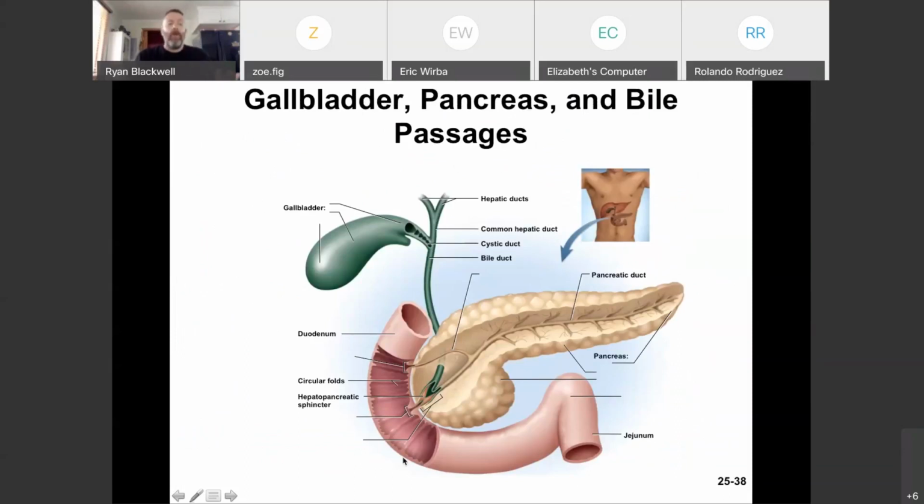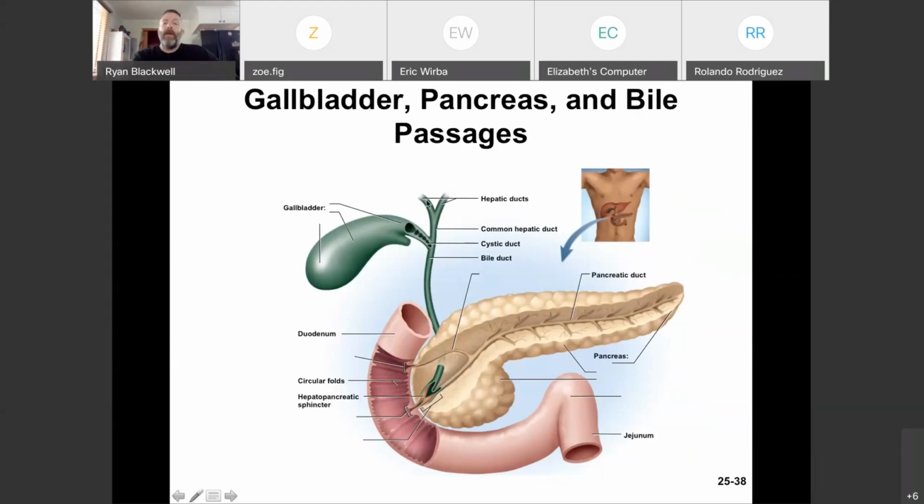Now, for those of you who have completed the digestive system virtual lab, you notice that I included quite a few questions about identifying these bile passages. What it comes down to is this: the network of vessels that carry bile from the liver to the small intestine is all a series of two vessels converging into one.